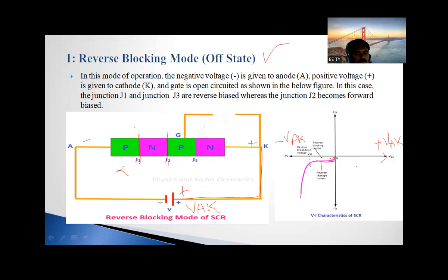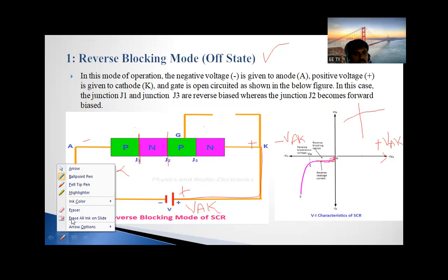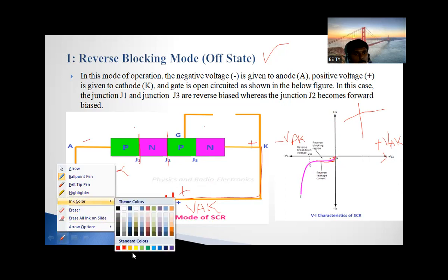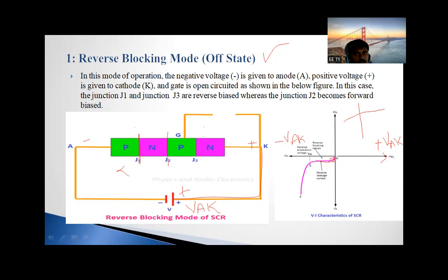So we can simply say zero current is flowing. But a small leakage current is flowing. That leakage current is represented like this, a small magnitude. What is this? The magnitude of the anode current.